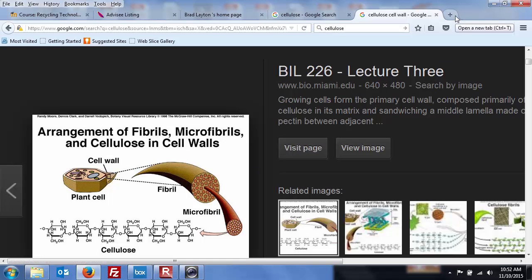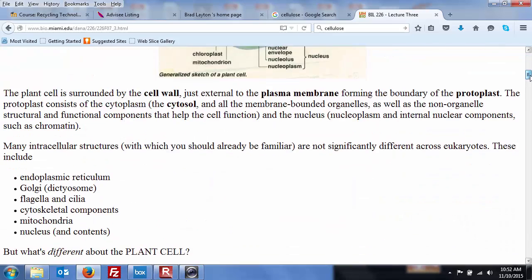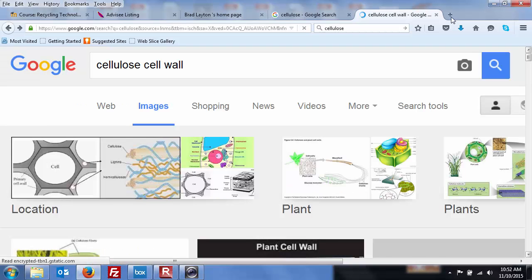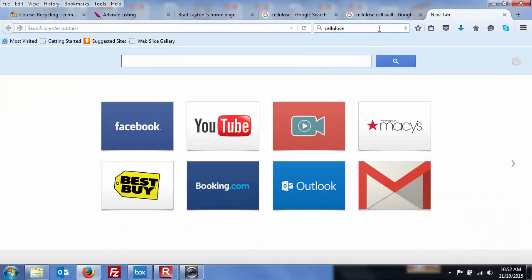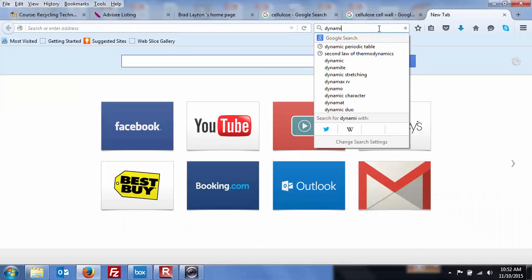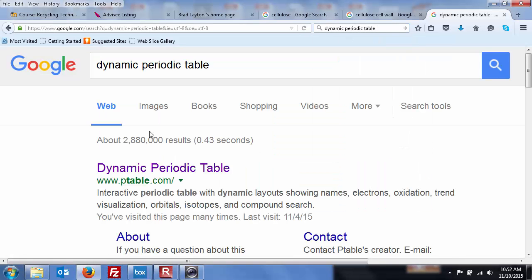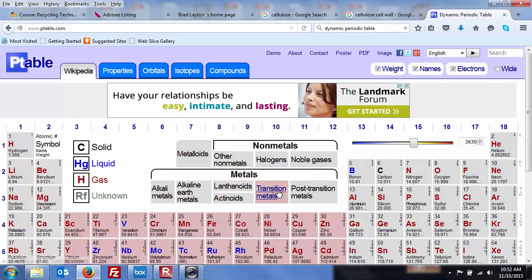And just so we're clear on the chemistry, I want to show you where these bonds are coming from. I just showed you that oxygen was the cross-linker between those glucose molecules.